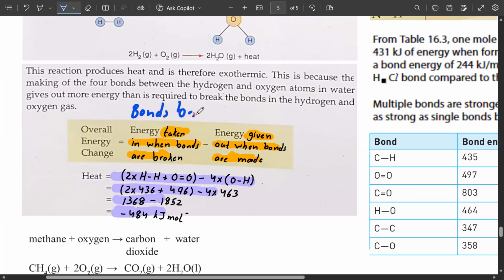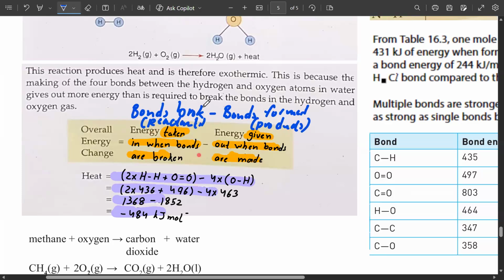bonds broken minus bonds formed in simple words. And we remember that bonds are broken for the reactants, and bonds are formed for the products, the other way around.